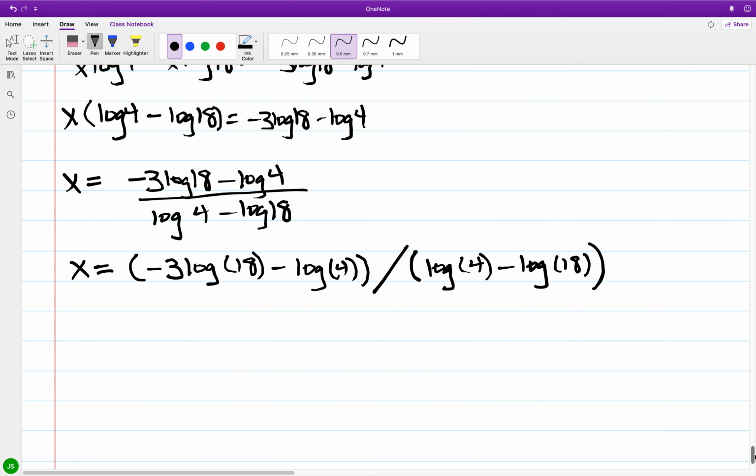If you were to key this in, to about the nearest 3 decimal places, x will be about 6.687.